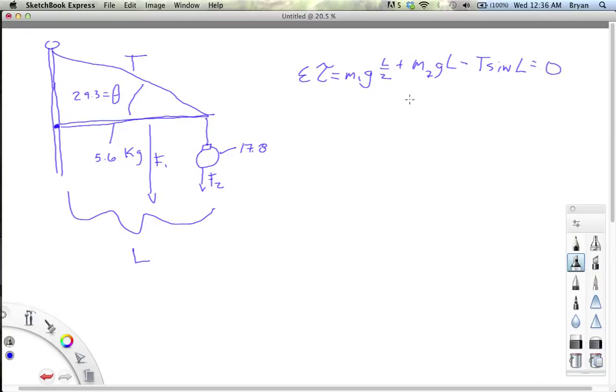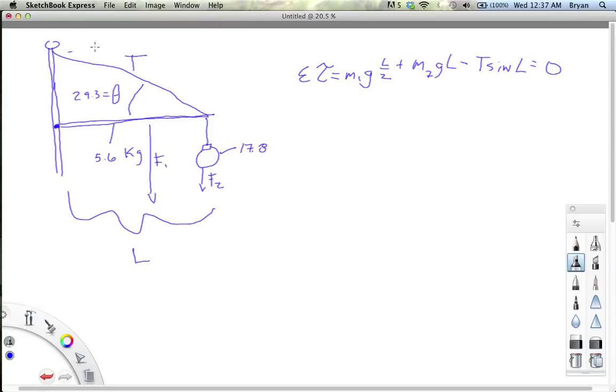Now you ask, what the heck is T sine L? T sine is essentially the same thing as Ty. We're looking at it in torques, right? So we know these torques are pushing down, but there's also another torque pushing up, and it's from this tension.